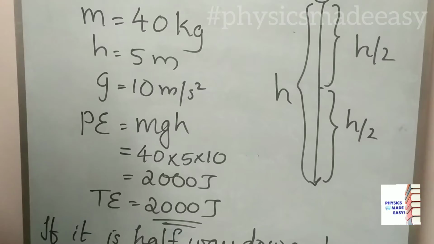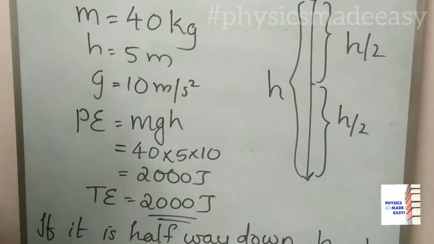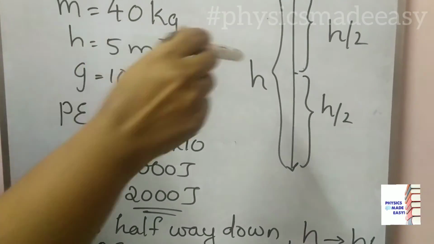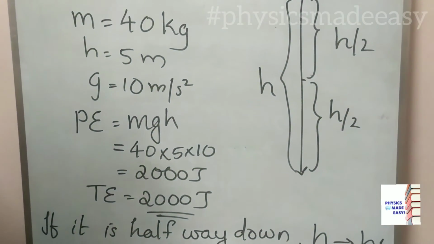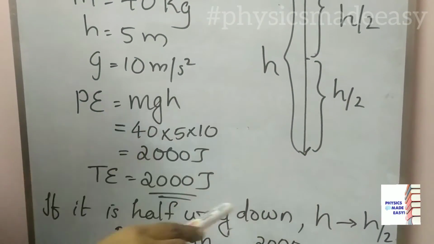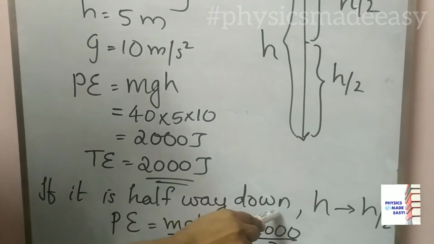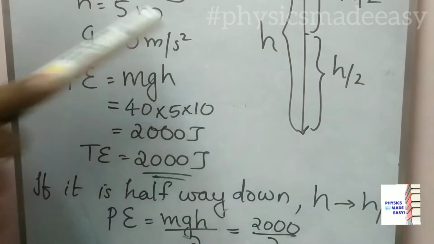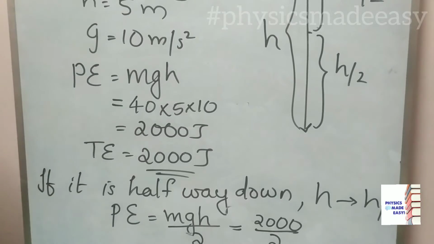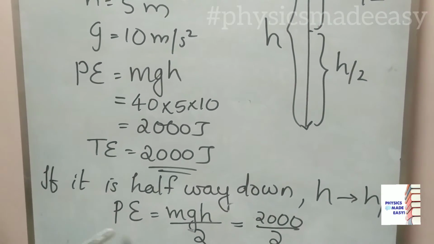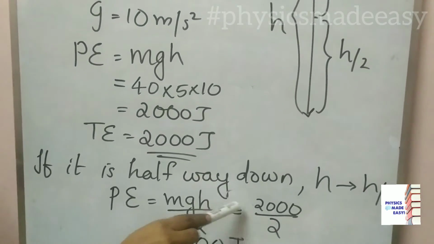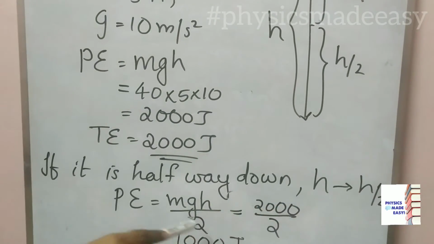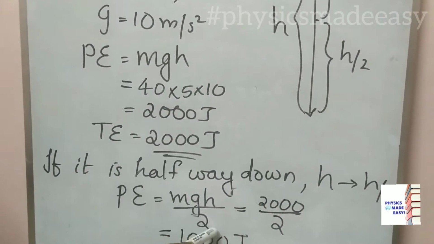So children, one method there, we can find the kinetic energy by using the law of conservation of energy. If it is halfway down, we can take h is equal to h by 2. No need to substitute the value there. Why? The potential energy equation is mgh, but that height becomes h by 2, so that equation will be mgh divided by 2.